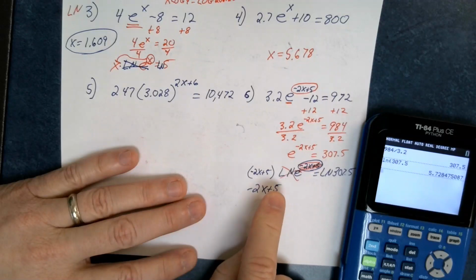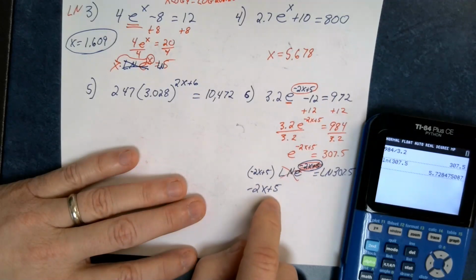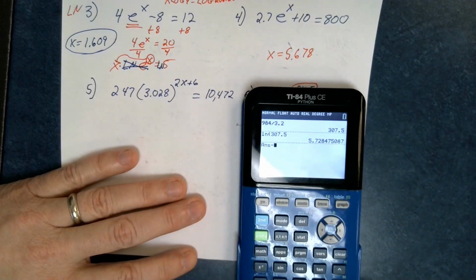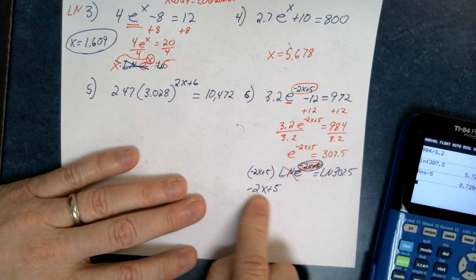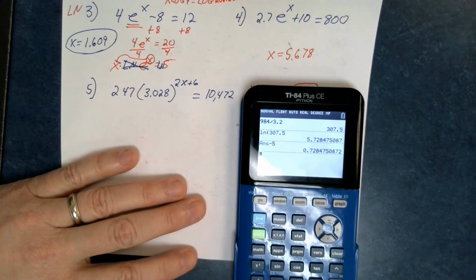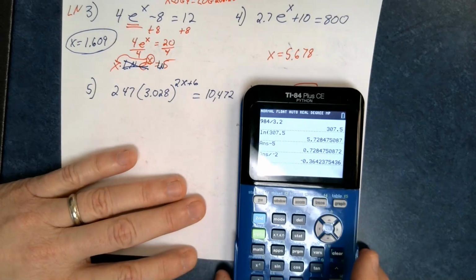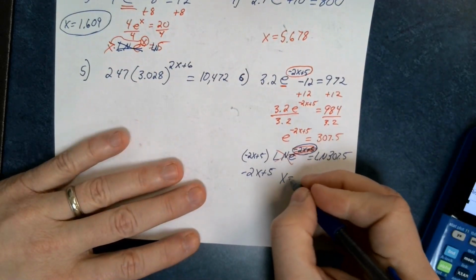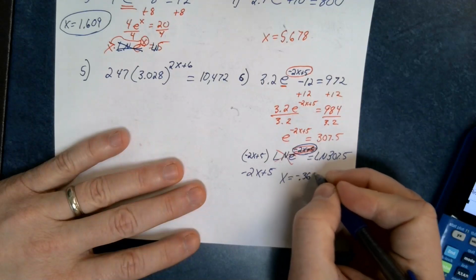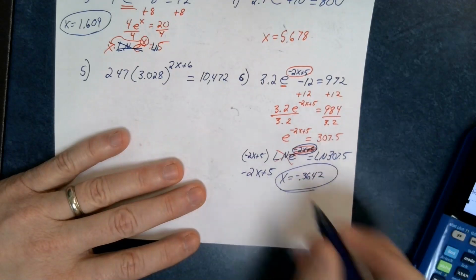PEMDAS backwards, so addition, subtraction has to go first. So I'm going to do minus 5, enter, and then I have to get rid of the negative 2 that's multiplying the x, so I divide by negative 2, divide by negative 2, and I should get negative 0.3642. So x equals negative 0.3642-ish.